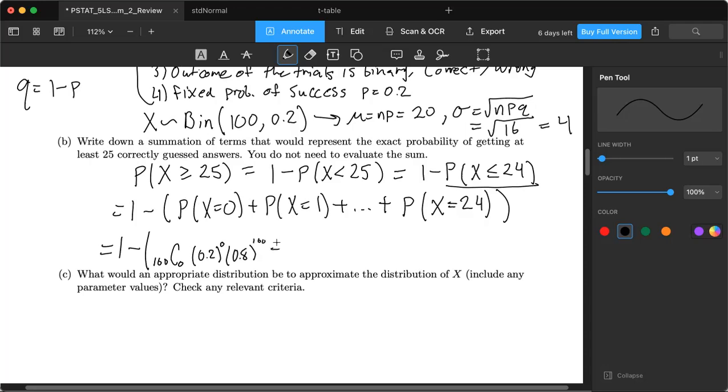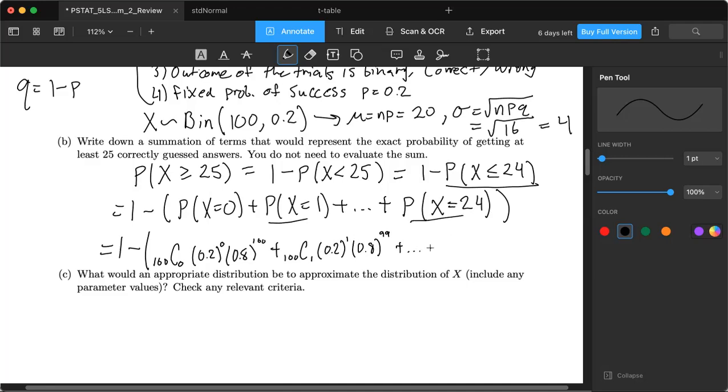Now this is plus, moving on to this term, we'd have 100 choose 1 times 0.2 to the 1 times 0.8 to the 100 minus 1, which is 99. And then plus dot, dot, dot. So dot, dot, dots for all those.